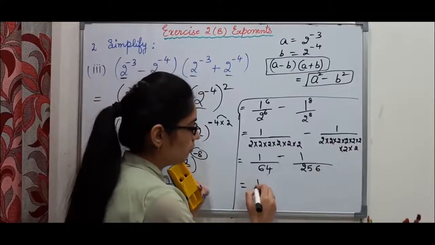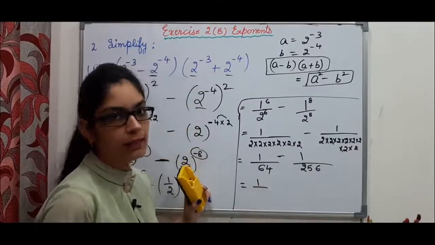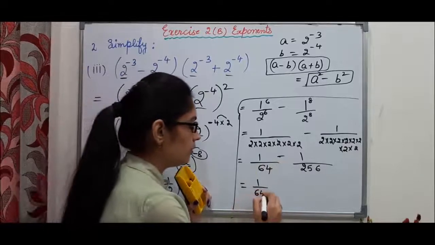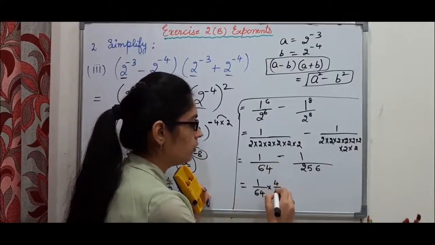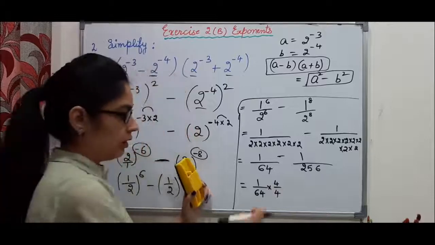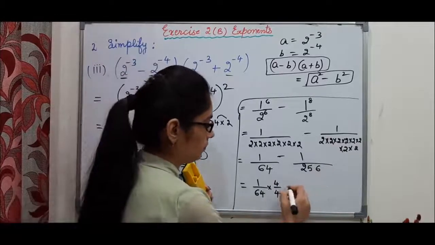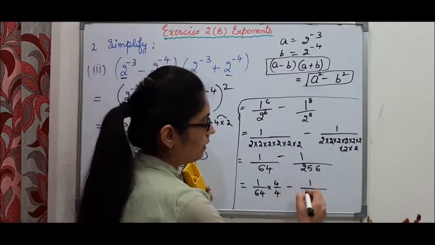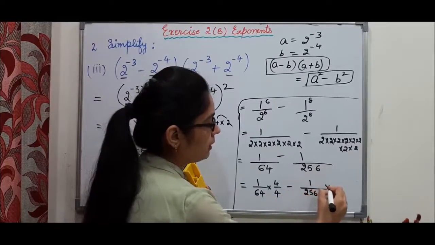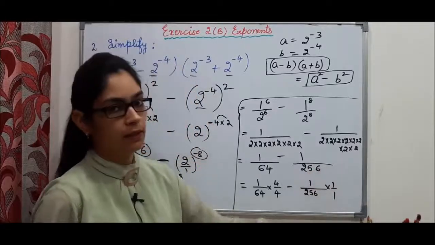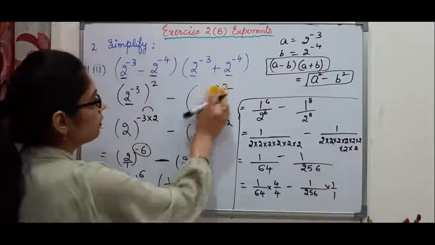So we have to make the denominators of both the numbers the same. This 64 we can multiply by 4, so then the denominator will equal 256. Here 256 we can multiply and divide by 1, or multiply both numerator and denominator.